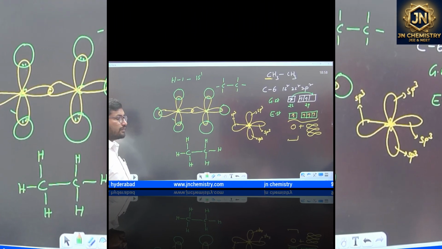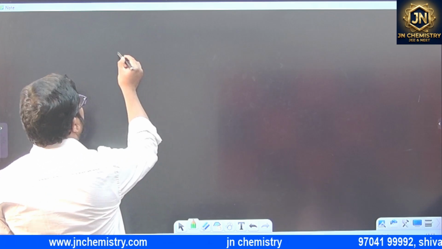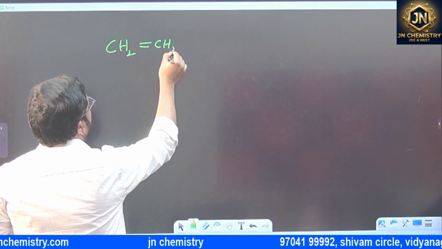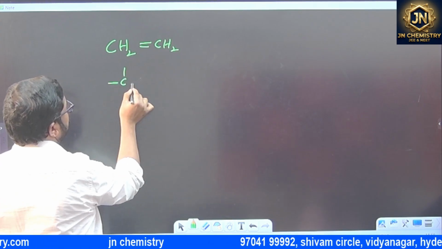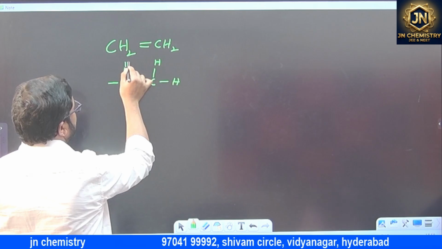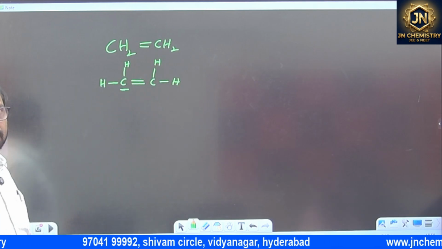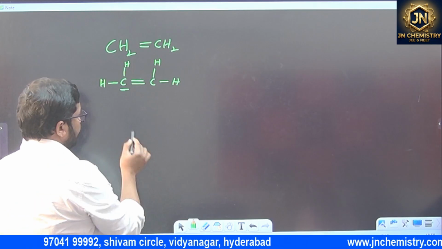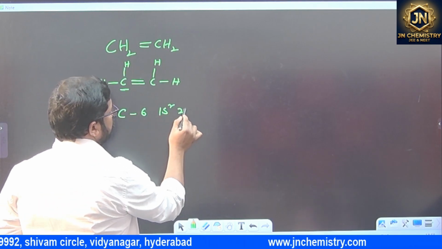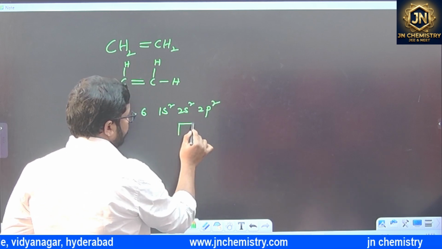Write it down. Now we'll try ethene. Ethene structure is like this, right? So 2 carbons are there, same as the earlier case. Carbon 6, 1s2, 2s2, 2p2.